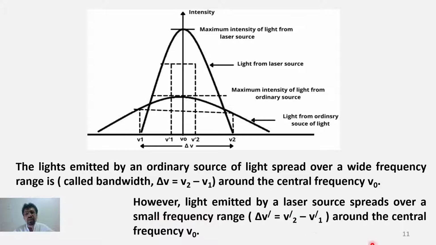However, the light emitted by the laser source spreads over a very small frequency range, with bandwidth del nu dash, which is nu 2 dash minus nu 1 dash, around the central frequency nu 0. So from this graph we can see that the bandwidth of ordinary light is large as compared to the light emitted from the laser source.